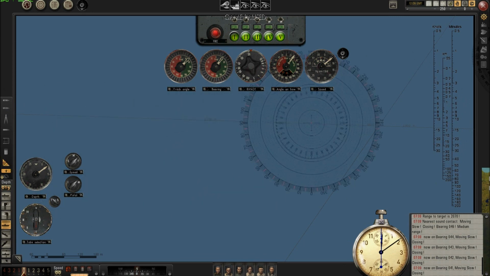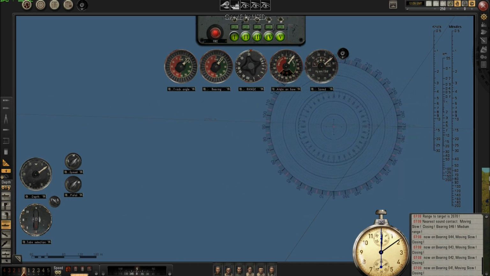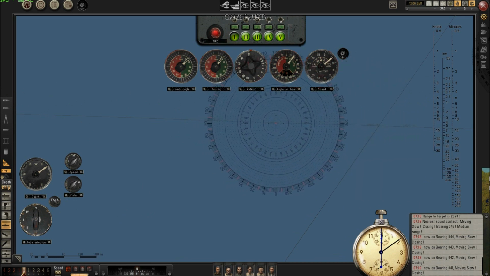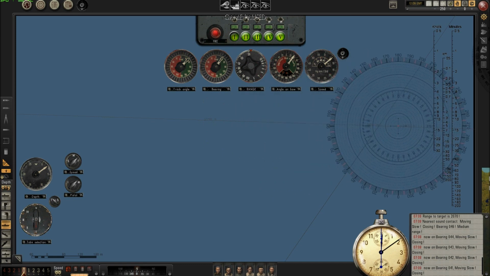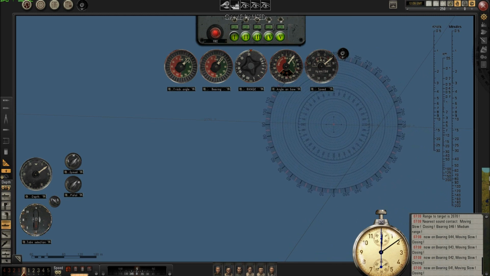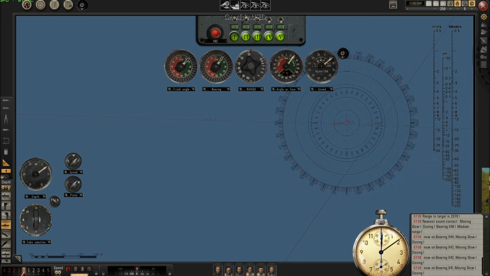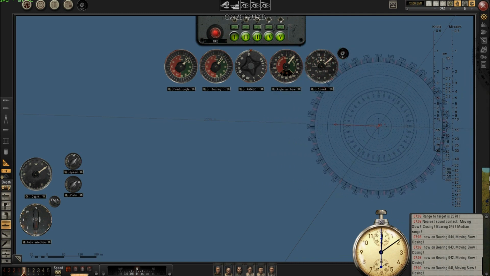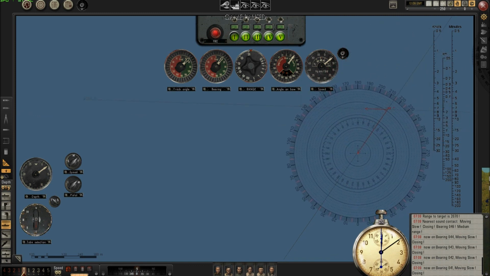So the angle on bow is from the opposite course of the ship. Okay, and I draw like this. So it's from here, because the ship is moving from left to right. I put here and I put in this point here. Okay, and I draw here.